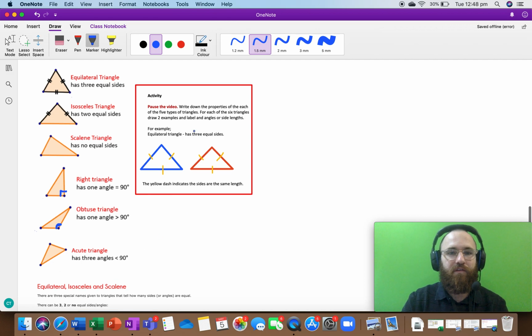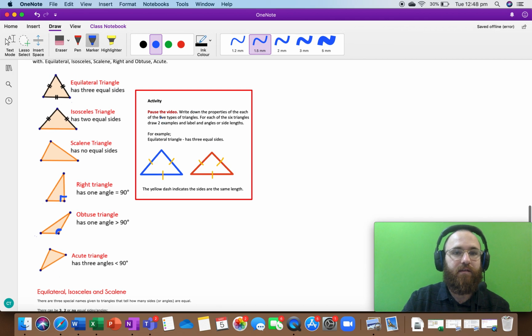So I want you to pause the video, write down the properties of each triangle of the 6 types of triangles. For each of the 6 triangles, draw 2 examples and label the angles or side length. For example, an equilateral triangle, you could draw it like this and show that it has 3 equal sides.